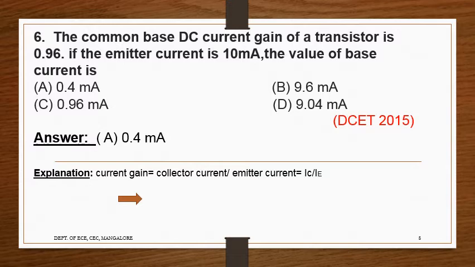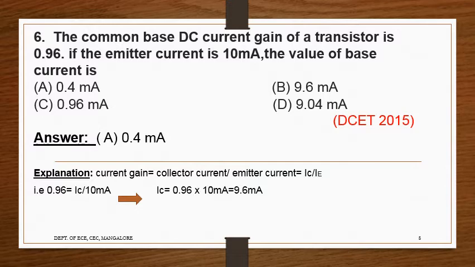Current gain is collector current IC divided by emitter current IE. We have the current gain given as 0.96 in the question itself, and the emitter current is given as 10 milliamps. So we have only IC to find.